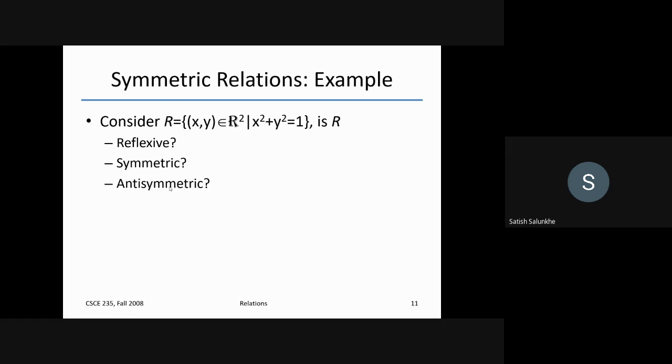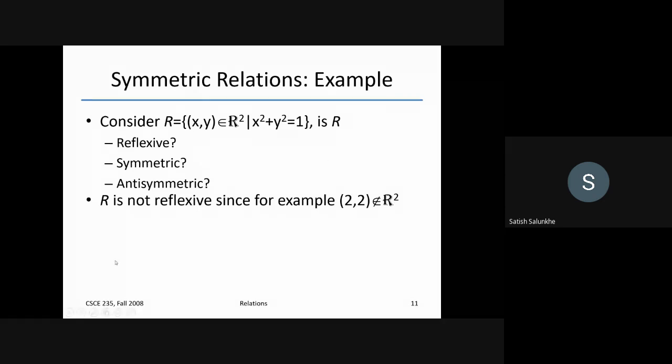So we need to check whether this is reflexive, symmetric, antisymmetric. R is not reflexive since, for example, if you take (2, 2), 2 is belonging to R and 2 is also belonging to R, but 2 square plus 2 square, that is 4 plus 4, is not equal to 1. Therefore, this is not reflexive. What about symmetry?